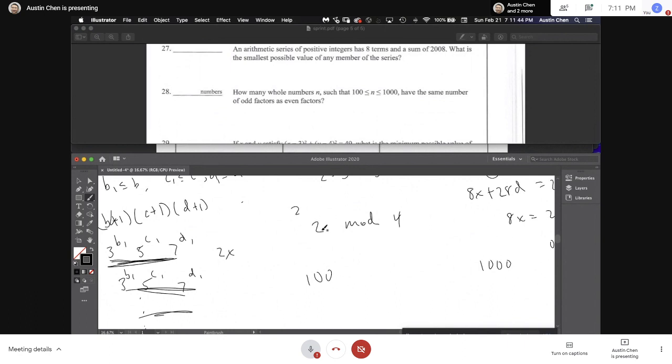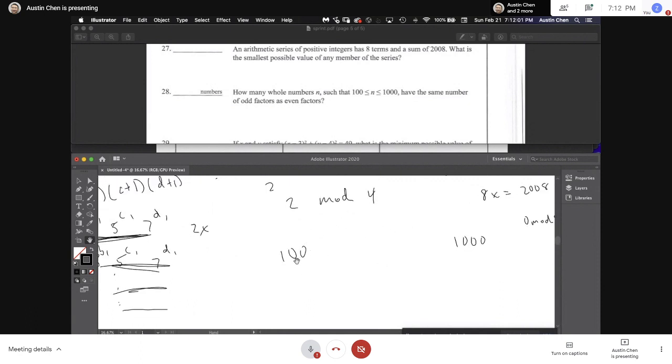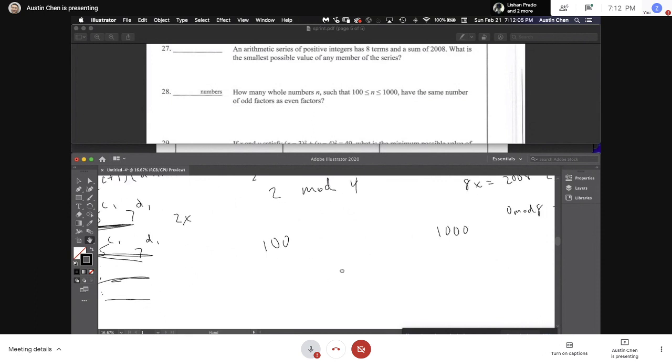Because if it's 2 mod 4, it's going to have at least one factor of 2. And because it's not 0 mod 4, it doesn't have 2 or more factors of 2, right? So then anything 2 mod 4 is going to have one factor of 2. So basically then we can just find how many 2 mod 4 numbers there are between 100 and 1000.